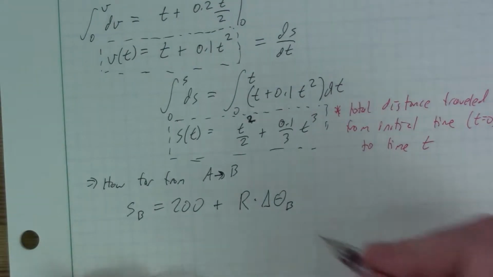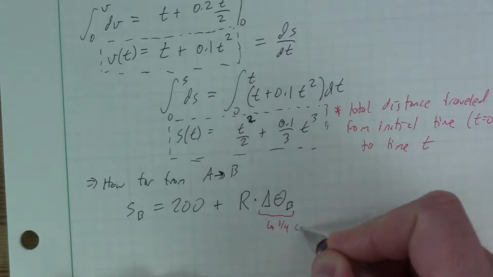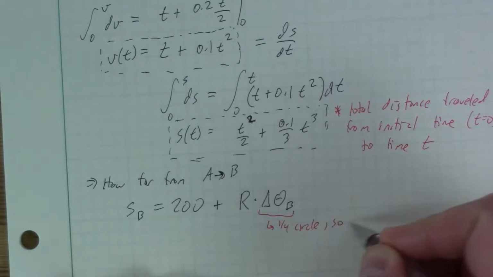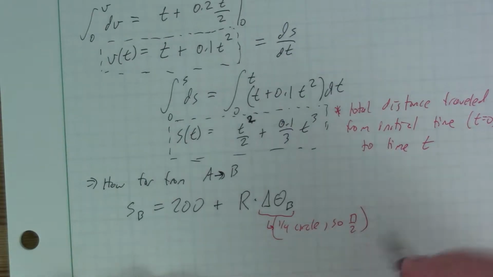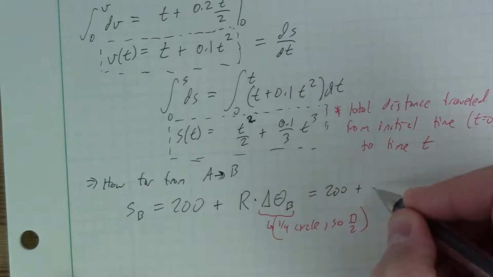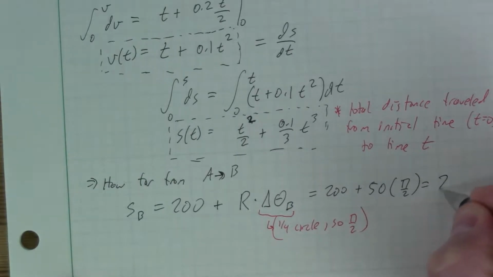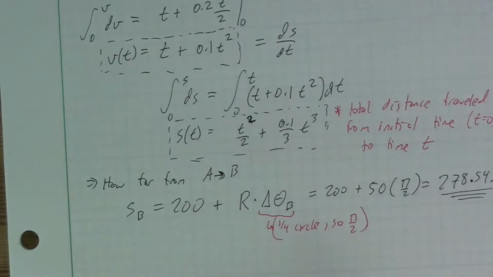Regardless, some way we can convince ourselves that this is a quarter of a circle, so pi over 2, 90 degrees. All right, so we have 200 plus 50 times pi over 2, which is 278.54 meters. Okay, so that's helpful. We know the s value once we get to B.